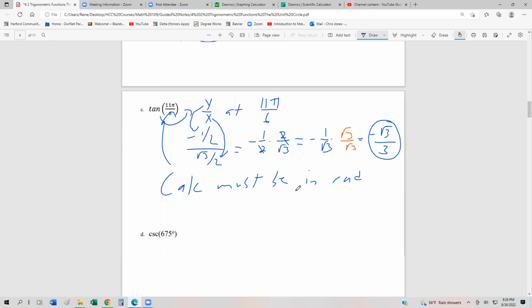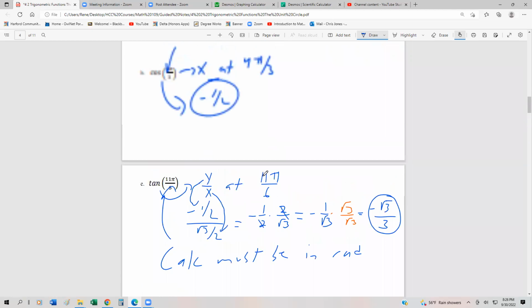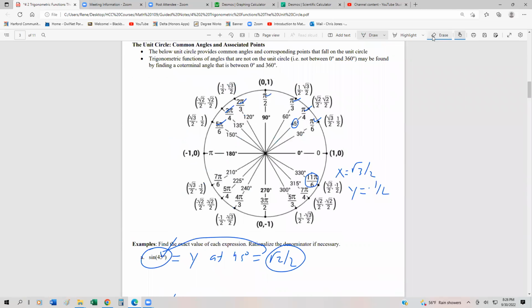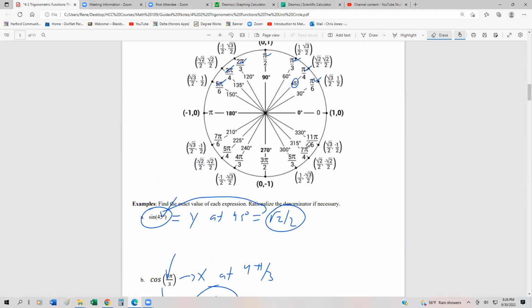All right. Now, let's say we have something like this, the cosecant of 675 degrees. So we go to our unit circle and we're feverishly searching for 675 degrees. All right. And the highest it goes up to is 360 degrees. That does not mean that we can't find it. Okay.